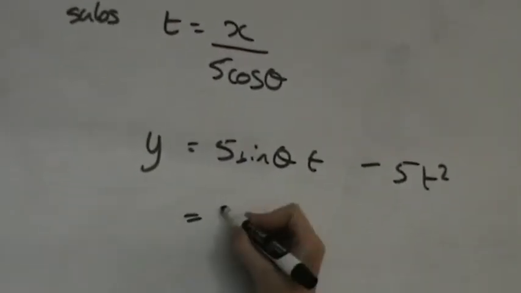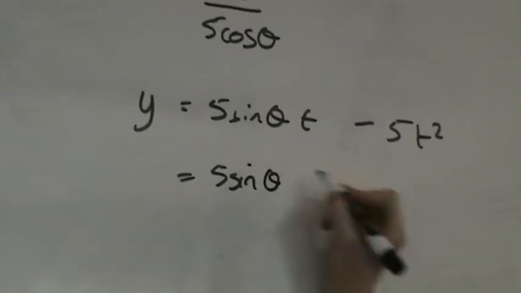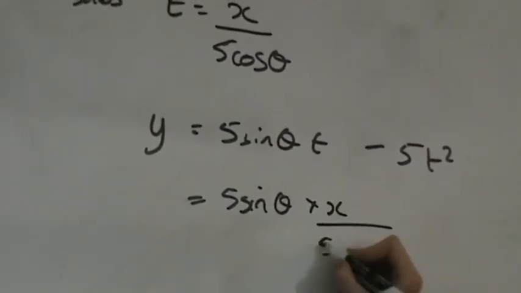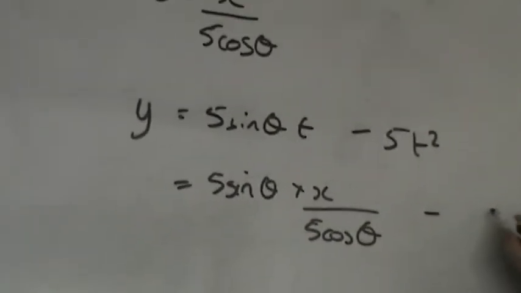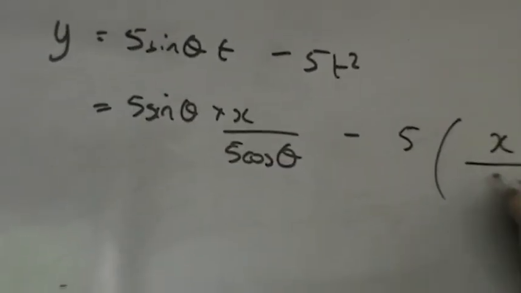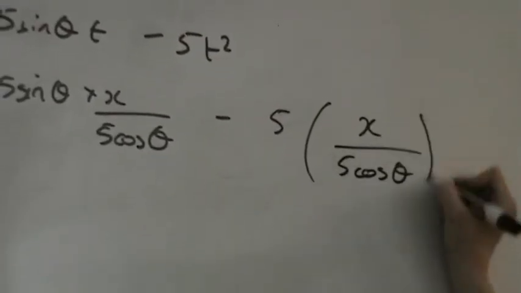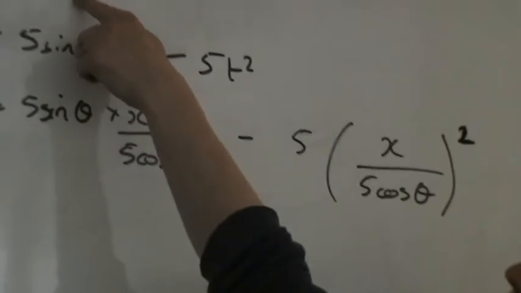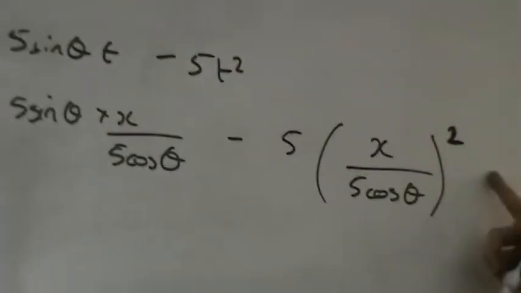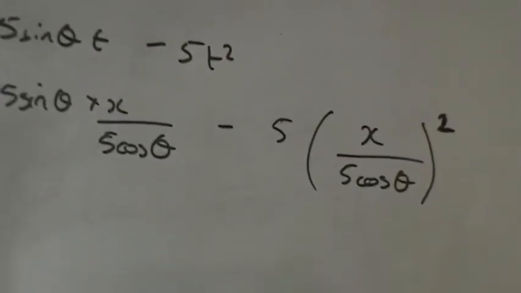So we've got 5 sine theta times x over 5 cos theta. You can see things are going to cancel, which is nice. Then 5 times x over 5 cos theta, all in brackets, squared. Because I'm putting in quite a complicated substitution, I put it in brackets so I remember to square everything.